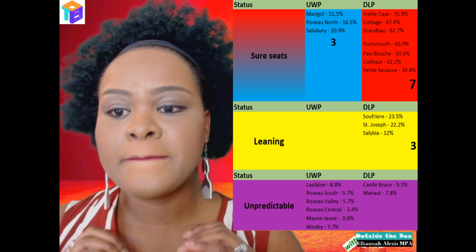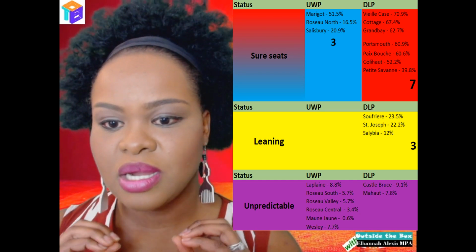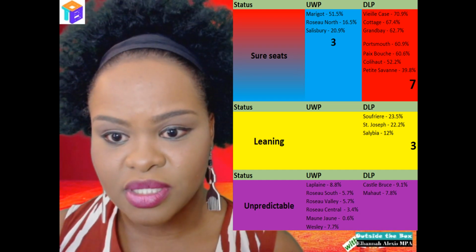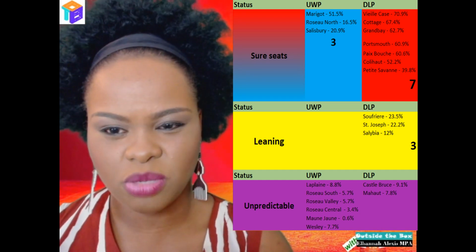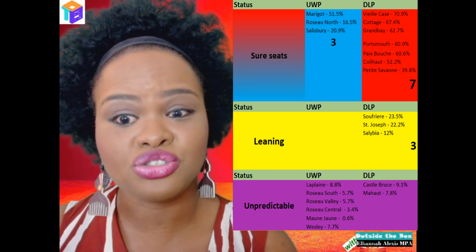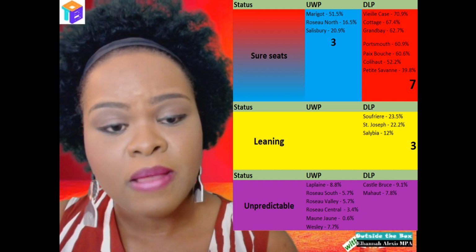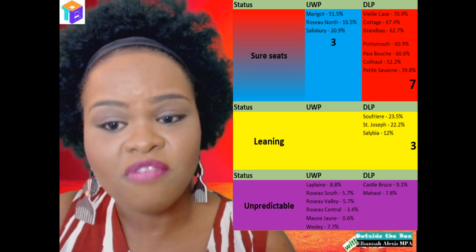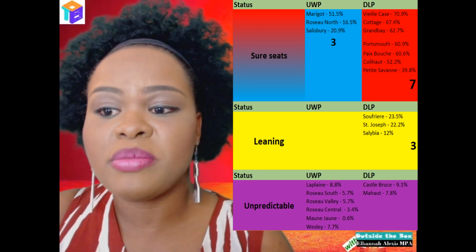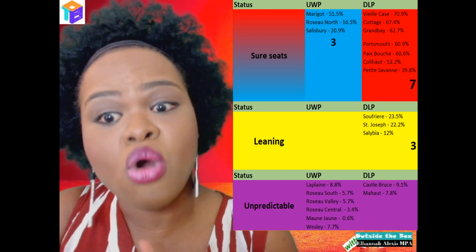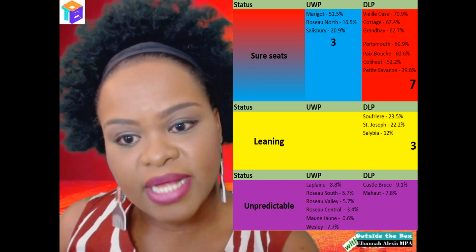So among the unpredictable seats, I have there the Maho seat. Now, this is a surprise for some people because some people believe that Blackmore is very strong in the Maho constituency. However, based on the numbers, based on the win of the last election, the Dominica Labour Party only had 7.8% more than the United Workers' Party.